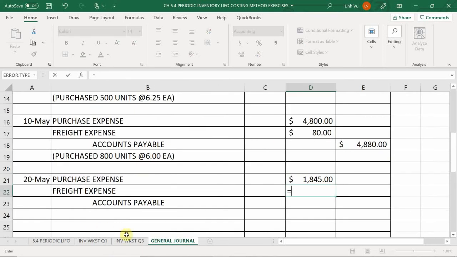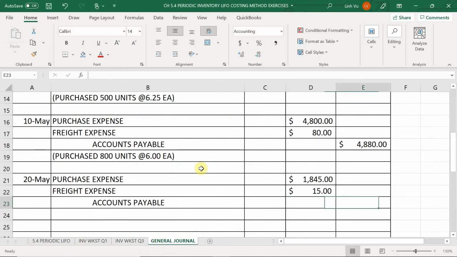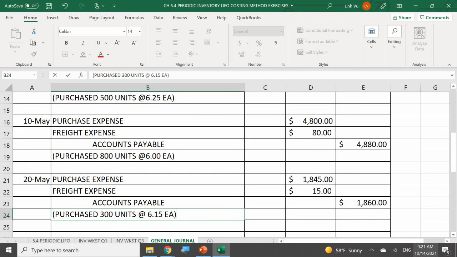My freight was $15, which gave me a total cost of $1,860. So let me make my note here that I purchased 300 units at $6.15 each.